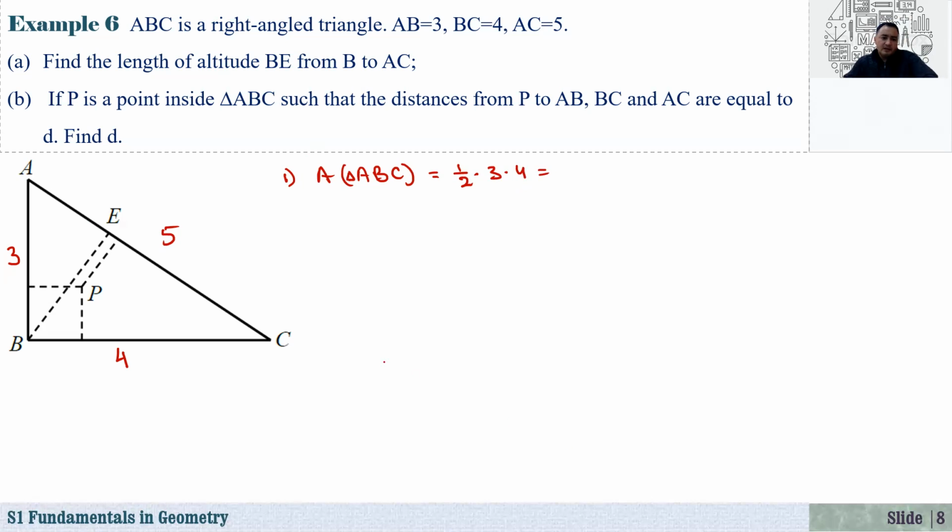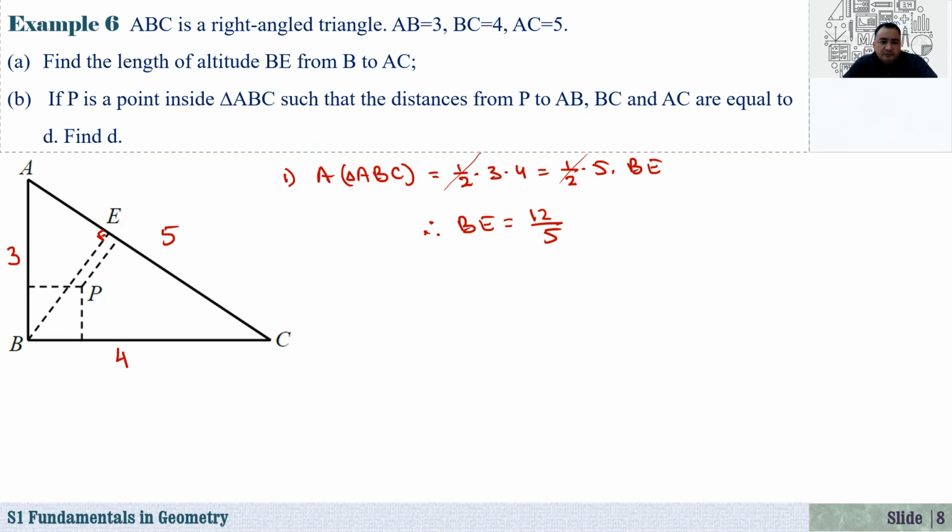On the other hand, since BE is perpendicular to the hypotenuse, I can also find the area by using this one, 1 over 2 times base, that is AC. AC is 5, and height, that is BE, right? So from this equation, the 1 over 2 cancel each other. What is BE? BE is equal to 12 over 5 units.